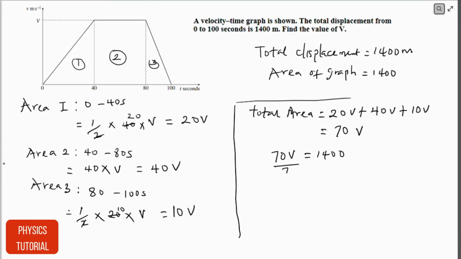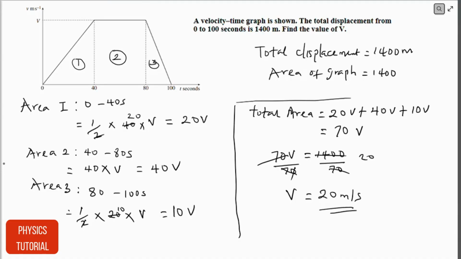So divide this by 70, this by 70. So 0 cancels 0, 70 cancels 70. So we have V equal to 1400 divided by 70, which is 20. So we have V equal to 20. The unit for velocity is meters per second.